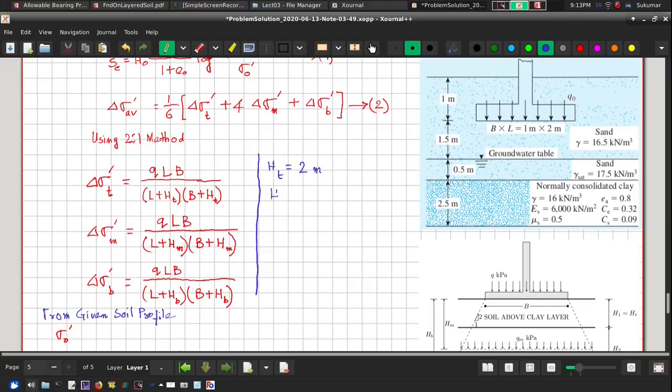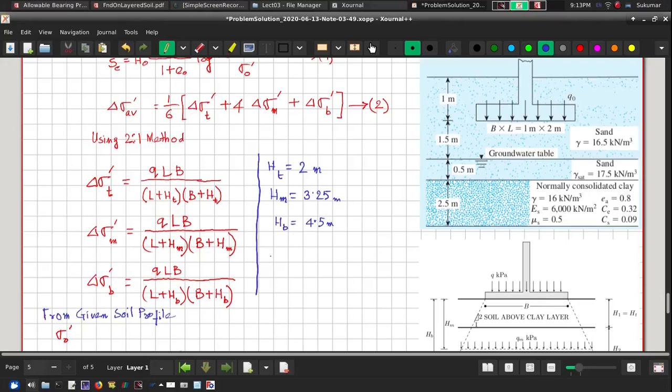HM is this 2 meter plus 1.25, so 3.25, and HB is 2 plus 2.5, which is 4.5 meter.